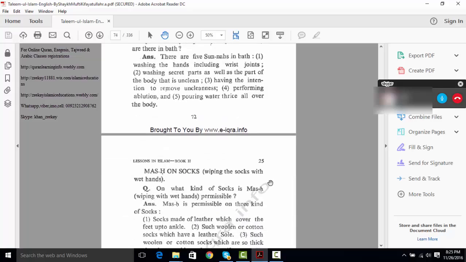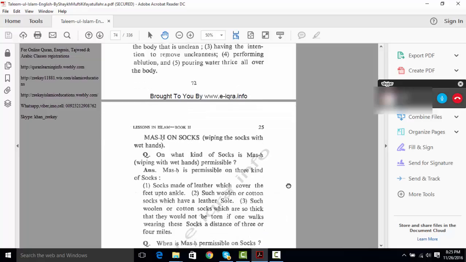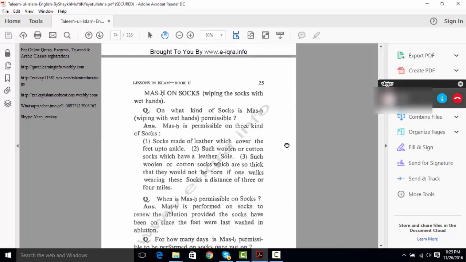The next chapter is about socks, masah on socks, but I will see whether we will discuss this. Do you use socks of leather in your country during winter? What? Socks of leather. Do you use them in your country during winter?